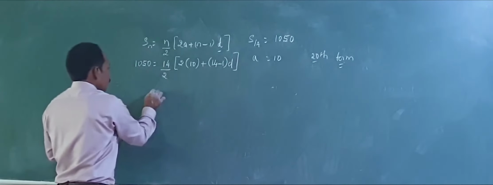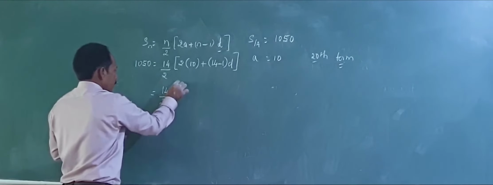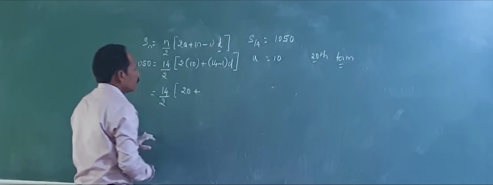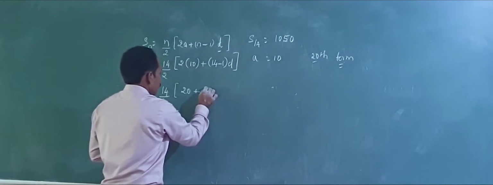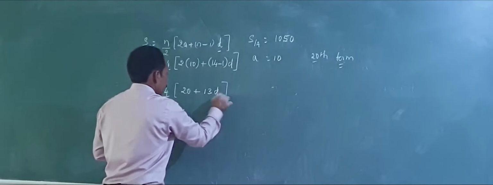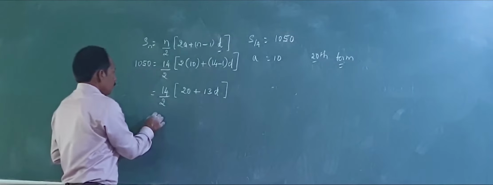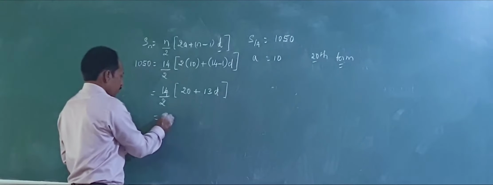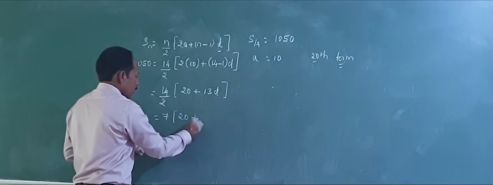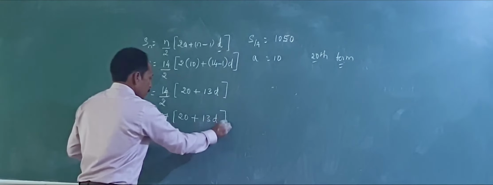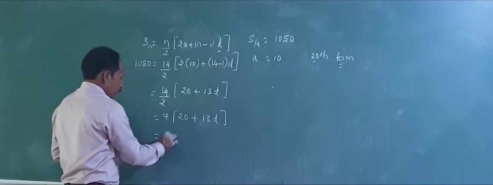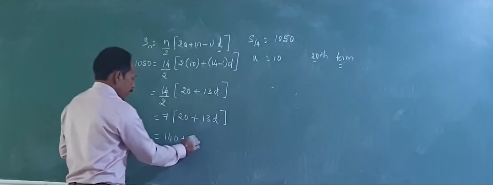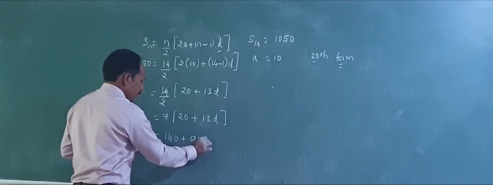Let us simplify this. 14 divided by 2 into (20 plus 13d), so 7 into (20 plus 13d), which is 140 plus 91d.